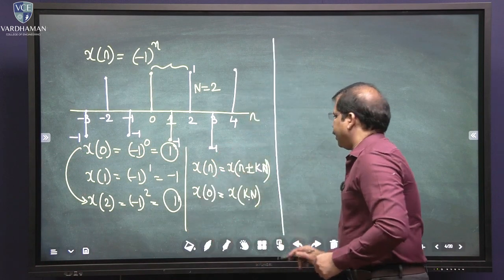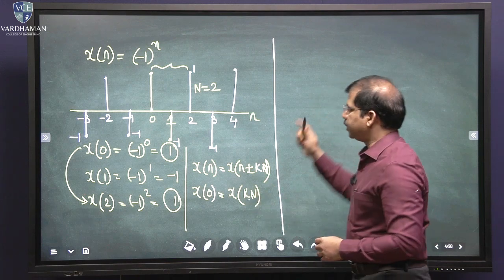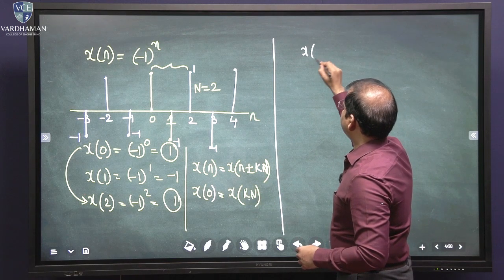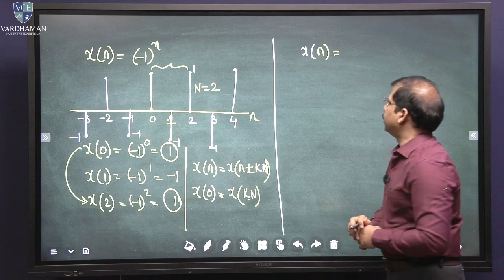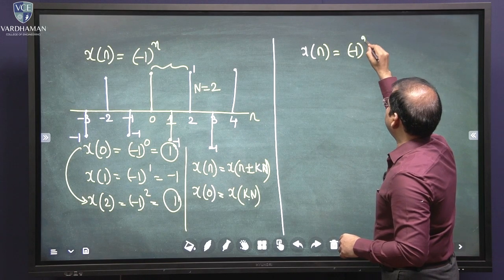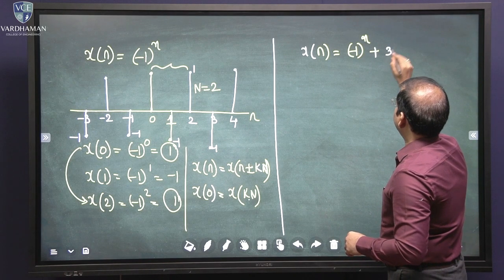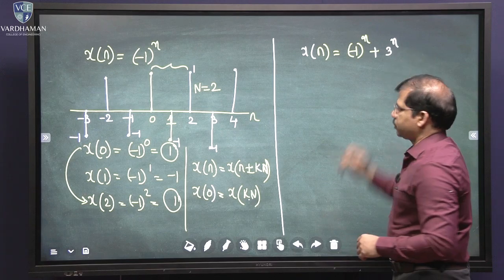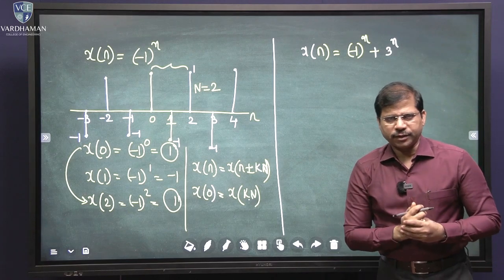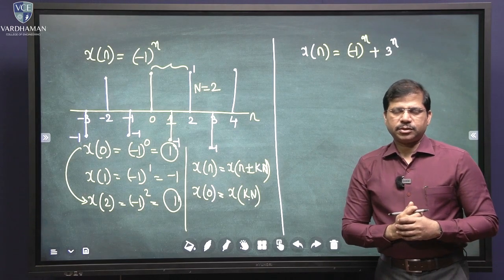Right. And there is something like x of n equals minus 1 whole power n plus 3 power n. Suppose we have a signal like this, then what is the time period of this signal?